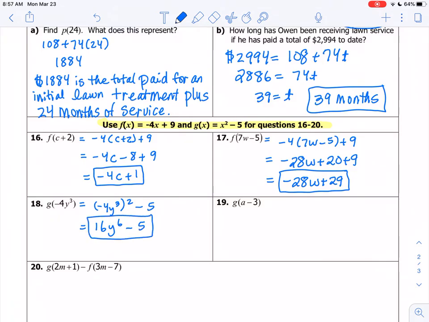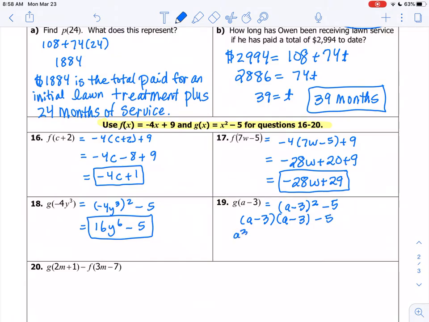Then on number 19, if we plug in a minus 3 into the g function, that would give us a minus 3 squared minus 5. And remember, to solve that, that's like a minus 3 times a minus 3. So you've got FOIL right there.